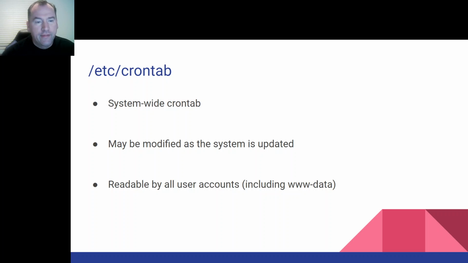I've never had this occur where the file is modified in a system update, but I'm going to lean on those with more Linux experience than I have for that statement, and also the vendor. The vendor calls that out. Anyways, it's mentioned in the documentation of /etc/crontab.